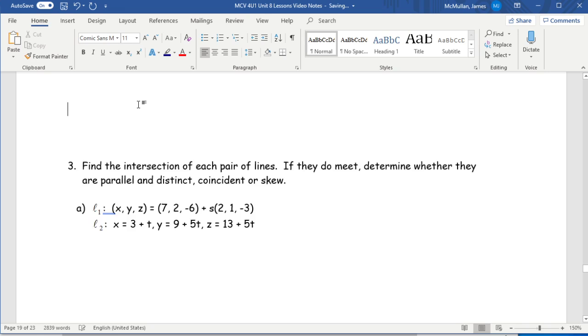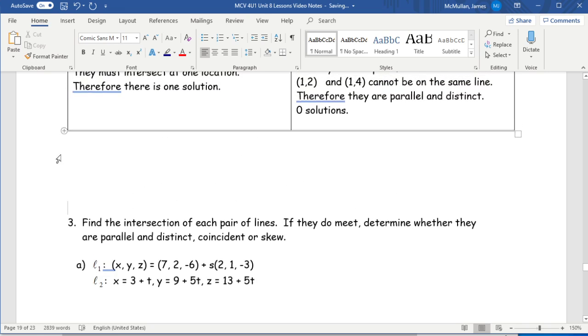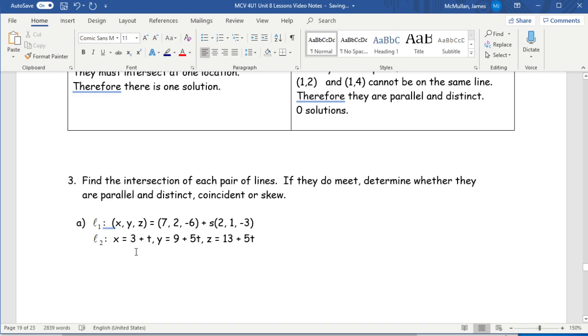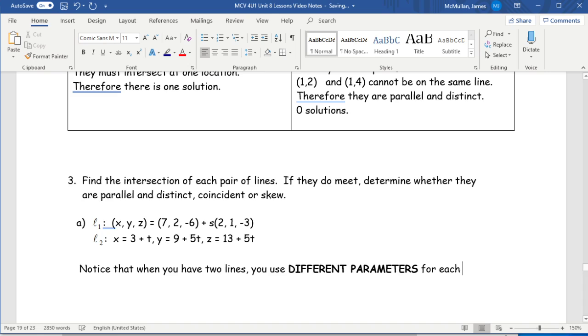All right, now how do you do this when they're in 3D? Okay, so you can see here the first line is in vector form, the second line is in parametric form. Now notice, I want to make a point about this. When you have two lines, you use different parameters for each line.